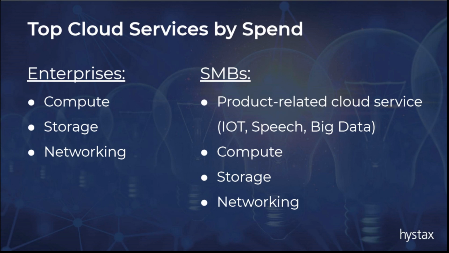It depends on the use cases. If we speak about enterprises, they still heavily utilize compute, storage, and networking. For compute, it's primarily about VMs, but containers are growing very fast. Enterprises also use cloud native services, but it's worth mentioning that they prefer to run big data, AI, IoT, and other use cases based on third party solutions and do not use cloud native services for that.